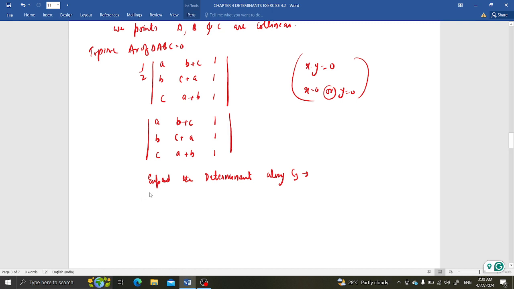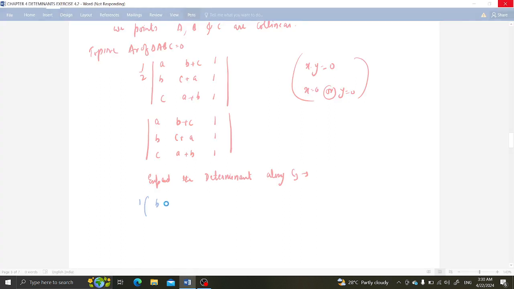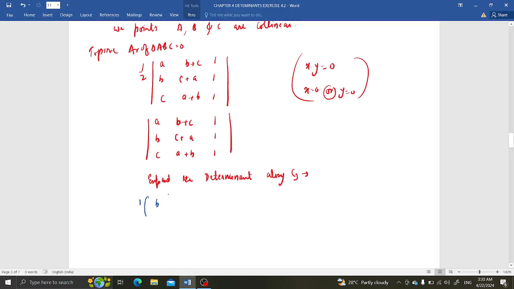Now you can see, for 1 we have b into a plus b, and c into c plus a, with a minus 1 position.